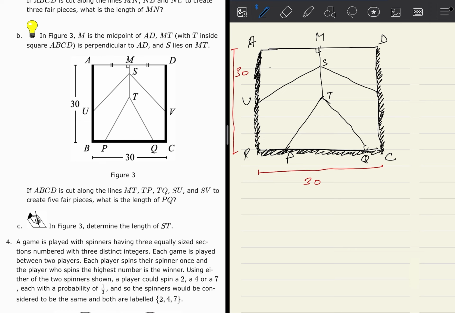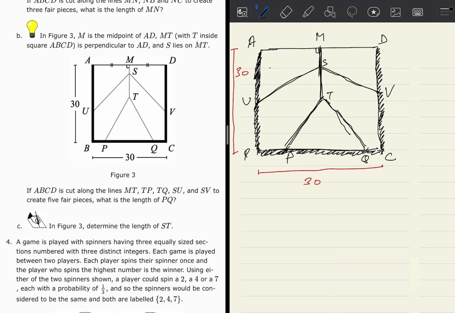As you can see, let's refer to the diagram that I draw on the right hand side. So you have MT, you have TP, TQ, SU and SV.